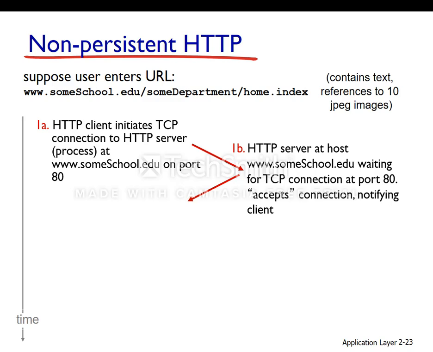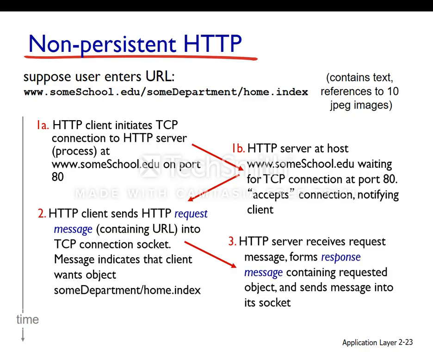The HTTP server is waiting for a TCP connection on port 80. It accepts the connection and notifies the client. Then the client can now send an HTTP request message, which will contain the URL, into the TCP connection socket. The message would indicate that the client would like to get the object somedepartment/home.index.